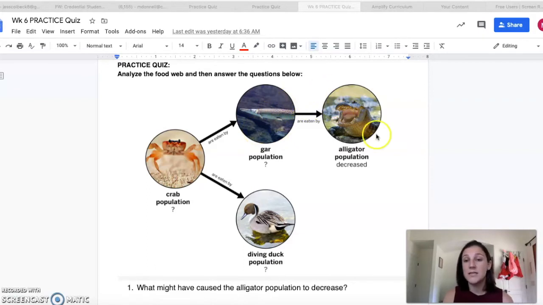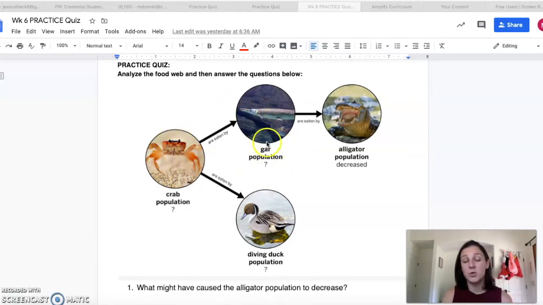The gar are eaten by the alligators. And in that regard, the alligators are consumer populations for the gar. Now the gar also could be a consumer population of the crab. The gar consume and eat the crab. In this case, the crab would be a resource population for the gar.